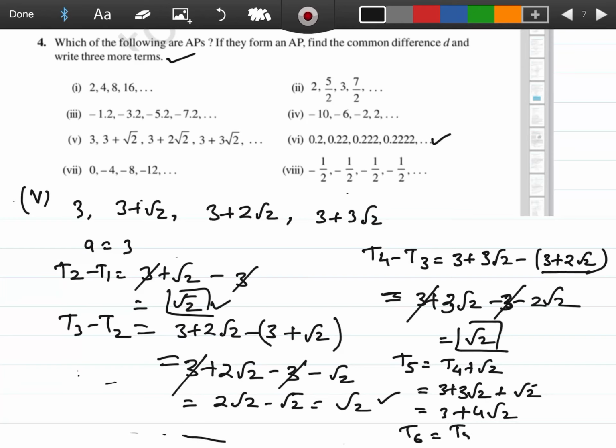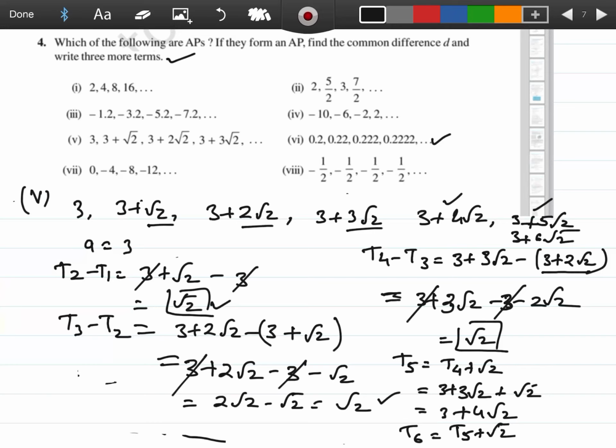T6 क्या होगा, T5 + √2. आप देखिए हर बार यहाँ पे √2 इंक्रीज हो रहा है. 3 + √2, 3 + 2√2, 3 + 3√2, so 3 + 4√2, 3 + 5√2. So these will be the next terms here, 3 + 6√2. इस तरह से आपकी हर बार √2 ऐड हो रहा है और नेक्स्ट आपको टर्म मिल जा रही है.